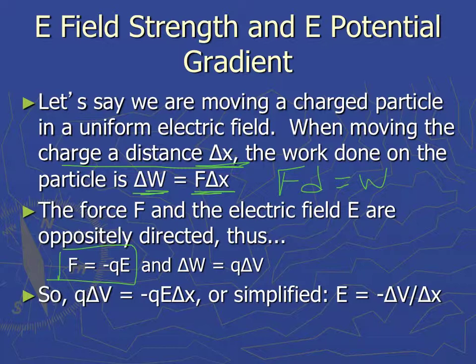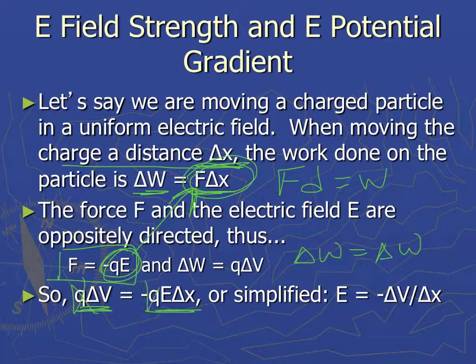Our change in W is equal to Q delta V. So if we plug QE in for force, we get Q delta V is equal to negative Q E delta X. We set delta W equal to delta W, and then plugged negative QE in for F. When we simplify, the Q's cancel out, and we have yet another equation for electric field strength: negative delta V, or negative change in voltage, divided by change in position.